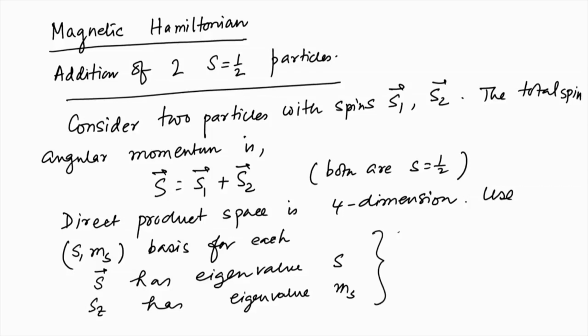That is, the total space is S1, MS1 and S2, MS2, and since we have spin half for each one of them, MS is equal to plus or minus half h cross.